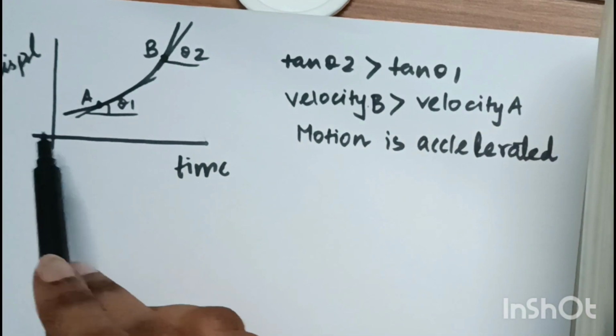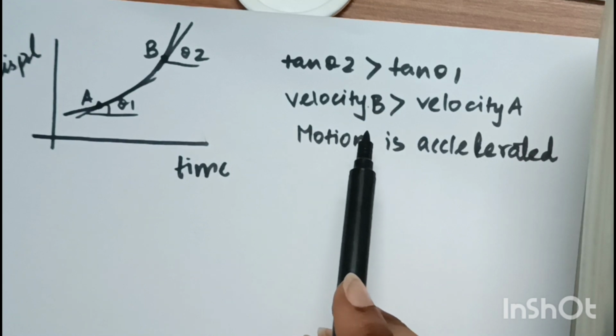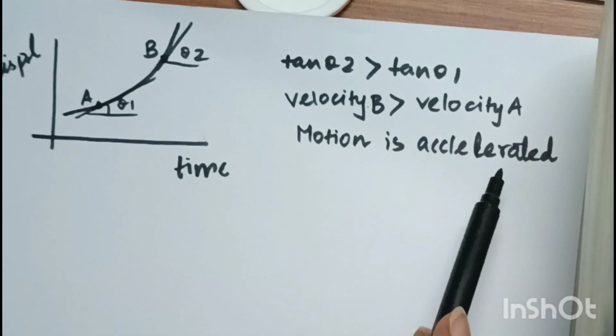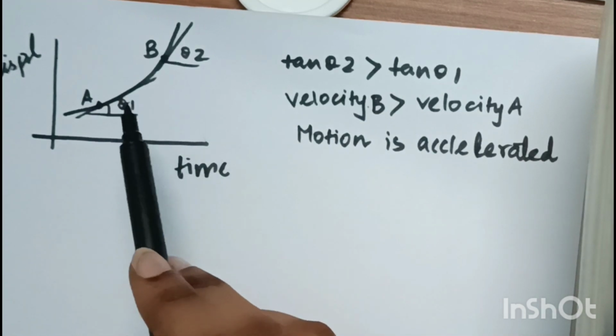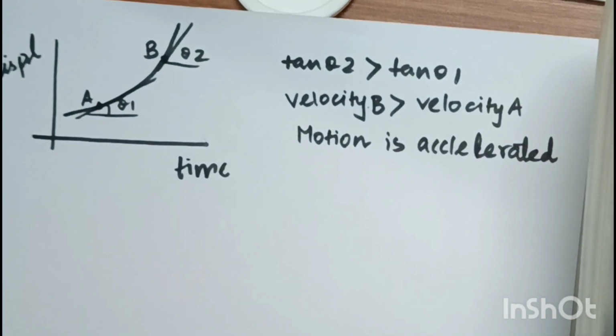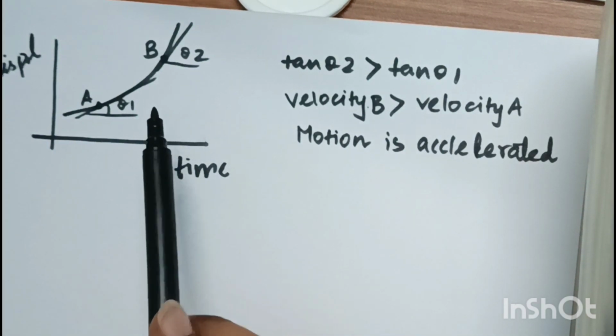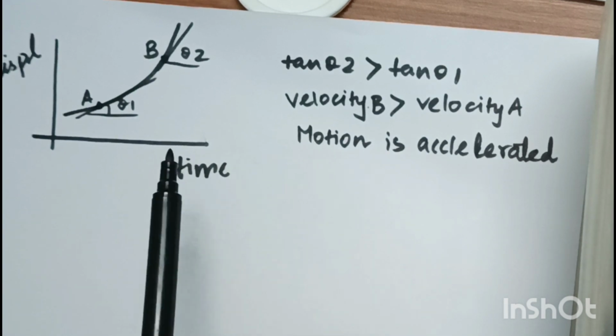So from displacement time graph, if it is a curve, then we can say the motion is accelerated or decelerated, or we can say whether velocity is increasing or velocity is decreasing. But previously from velocity time graph, we can even say acceleration is increasing or acceleration is decreasing. But here we can only say whether velocity is increasing or decreasing, whether the motion is accelerated or decelerated.